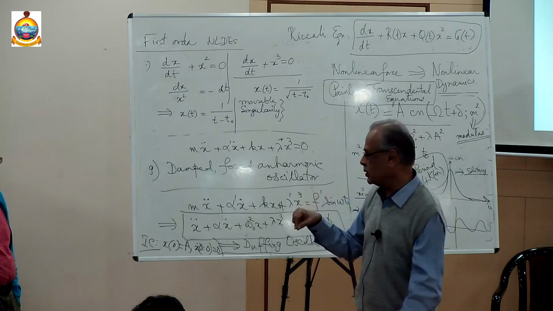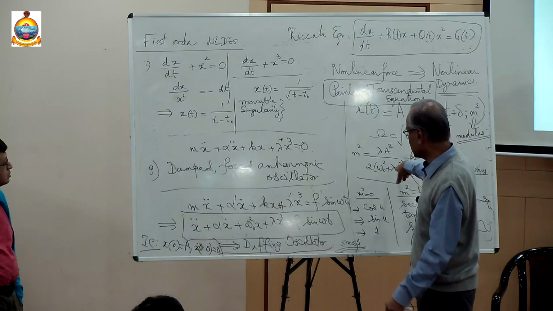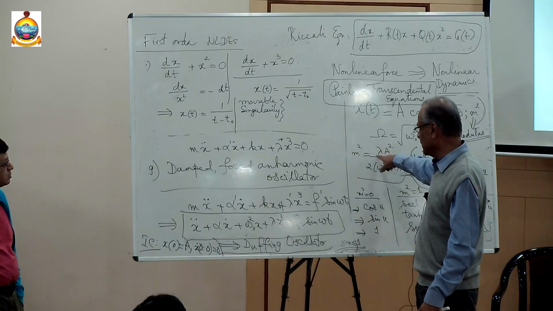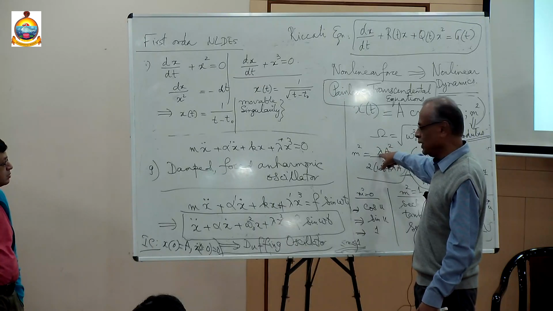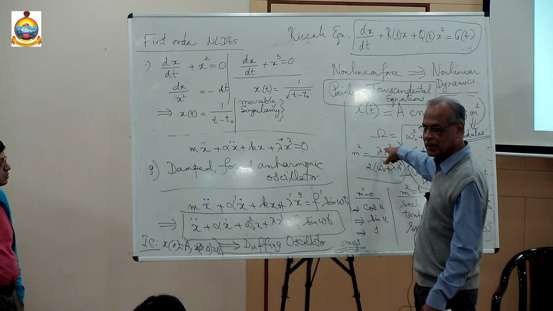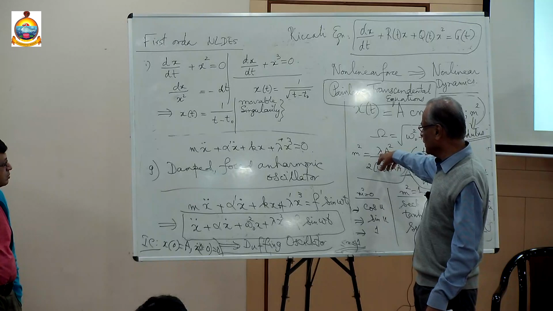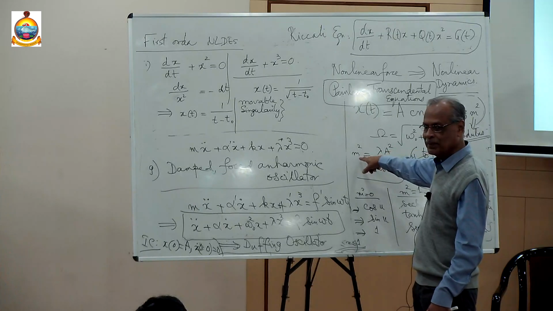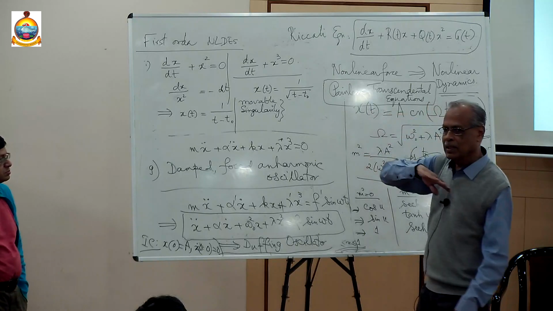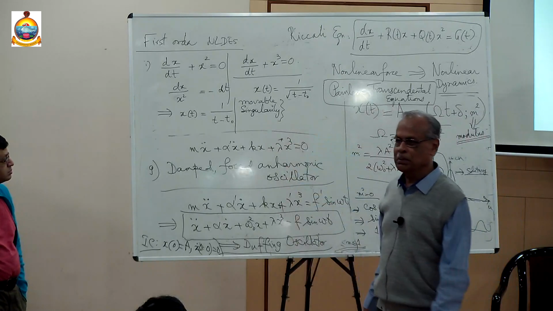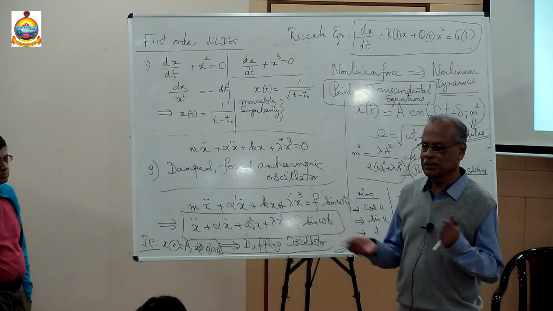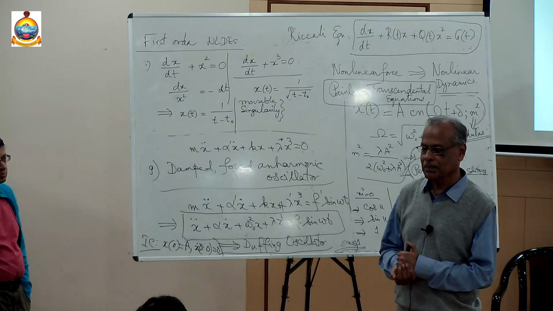Okay. So the modulus parameter you see is also a function of the initial condition and the nonlinearity parameter. Okay. So depending on the value of the nonlinearity parameter and the initial value, the m square will take a value. Correspondingly, the form of the periodic function will change. Okay. So that is the nature of nonlinearity.